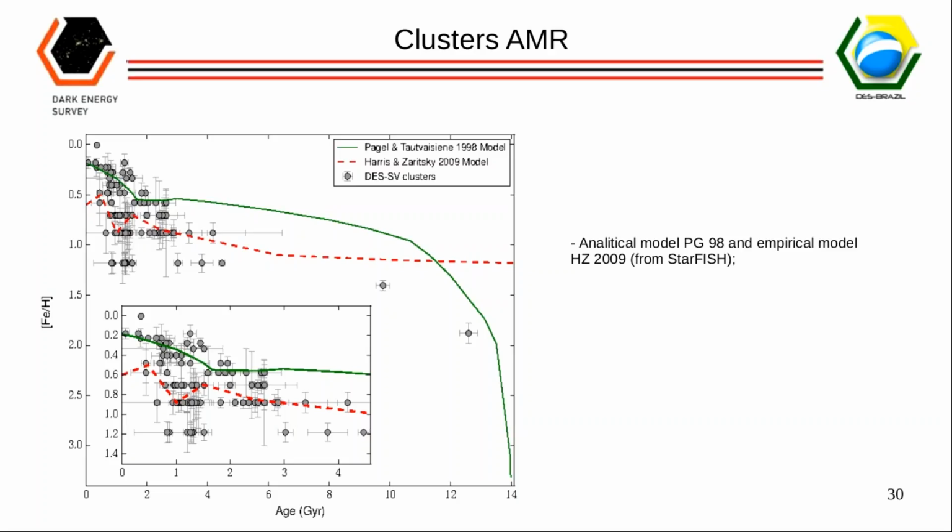It's located in the gap, but the gap is not a rigid barrier. This cluster belongs to the older LMC cluster sample. So we preserved this. We didn't find a cluster in this gap, with the exception of this cluster.